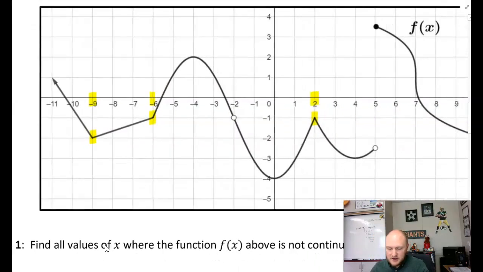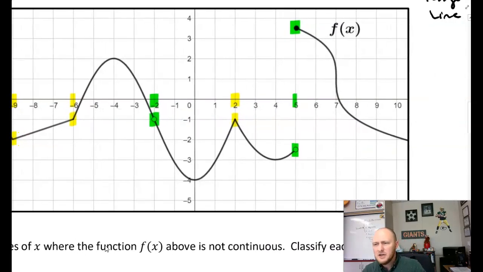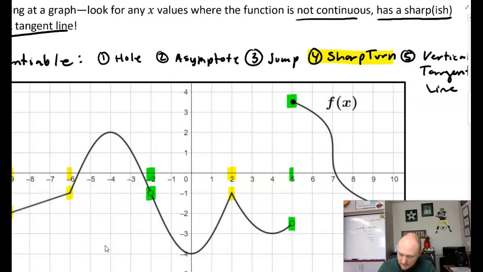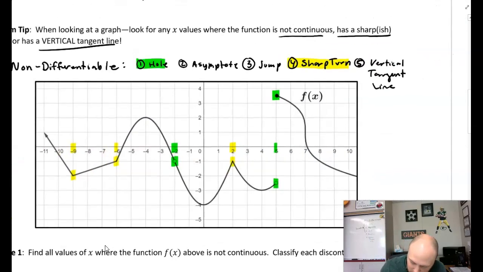We're also going to go ahead and look at our discontinuities. I have a discontinuity here at -2. Not differentiable there. Also at 5, do you see here how I have a jump? Not differentiable there. Okay, and then lastly, if I'm highlighting these, here's all our discontinuities: hole, asymptote, jump, though we don't have the asymptote.